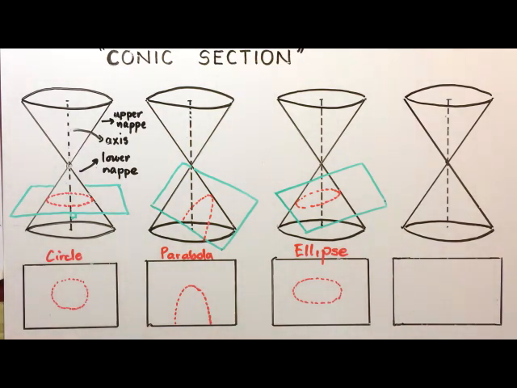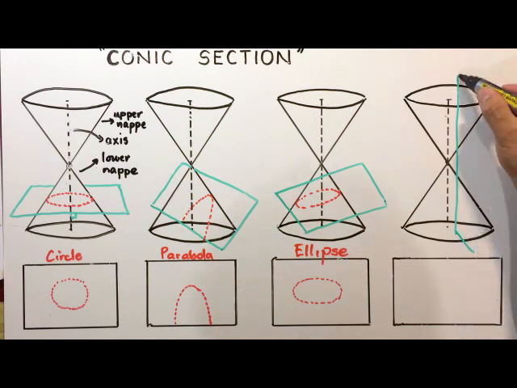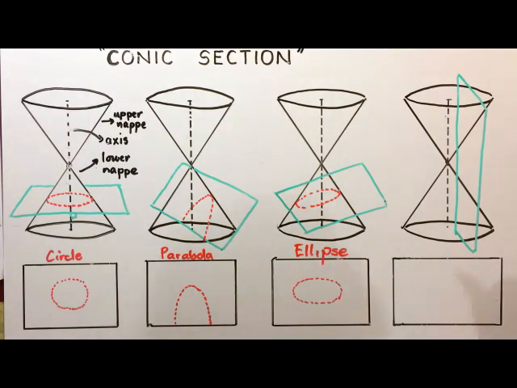However, if I cut these two intersected cones by a cutting plane that is parallel to the axis of the conic, like that, what figure, what section can I trace? I have here a section like this.